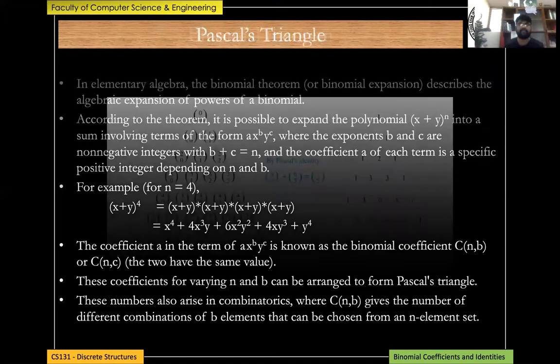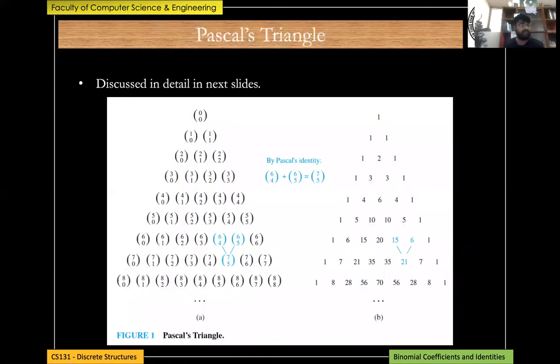So what is a Pascal's triangle? It's discussed in more detail in the next slide, but here I just need to point out two or three particular characteristics of Pascal's triangle. A Pascal's triangle is something where you start from (0, 0). This is a typical representation of a combination.